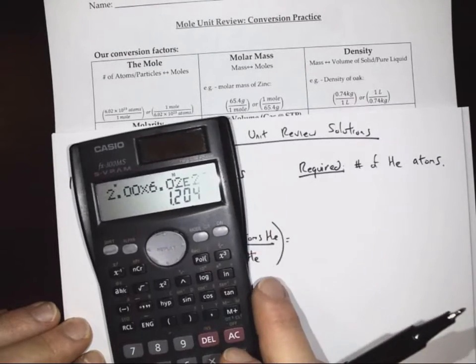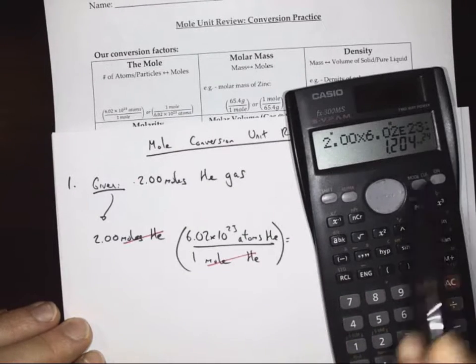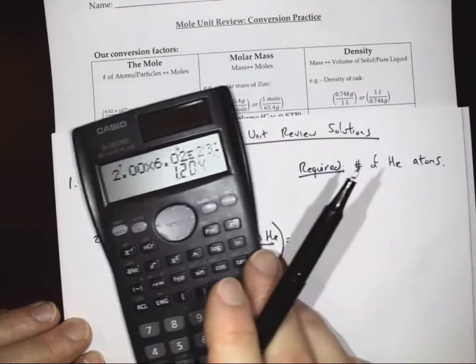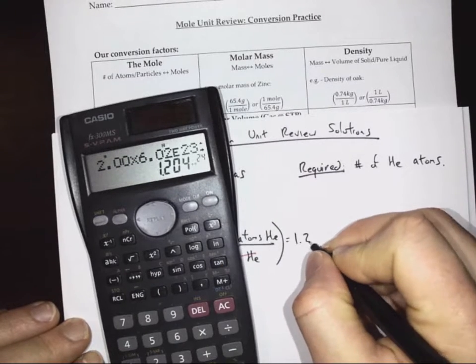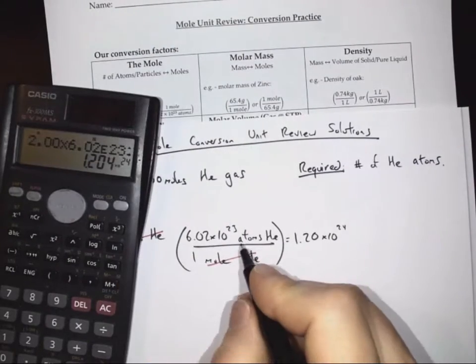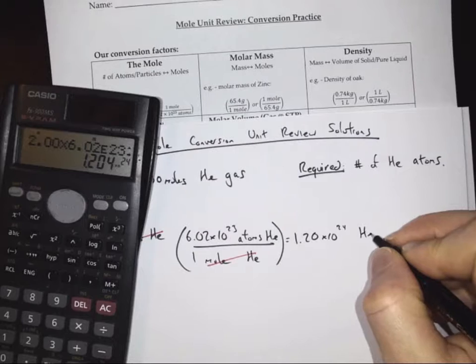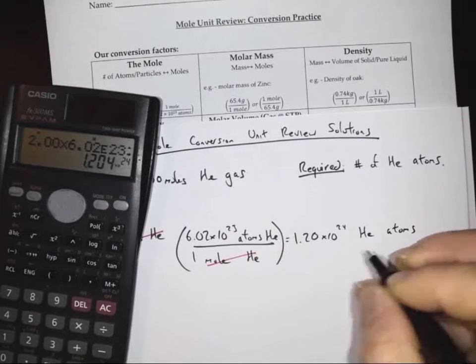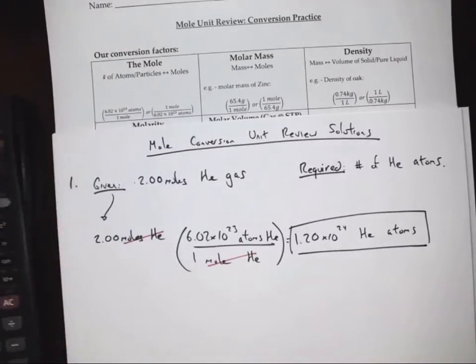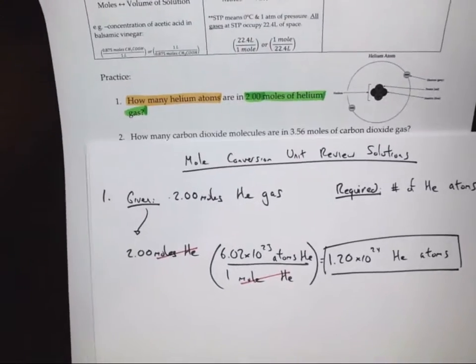And we get 1.204 times 10 to the 24. We have 3 sig figs here, 3 sig figs here. So we're going to round that to 3 sig figs: 1.20 times 10 to the 24, and our units are atoms of helium or helium atoms. I like to put a big box around my answer. Alright, let's move on to the next question.